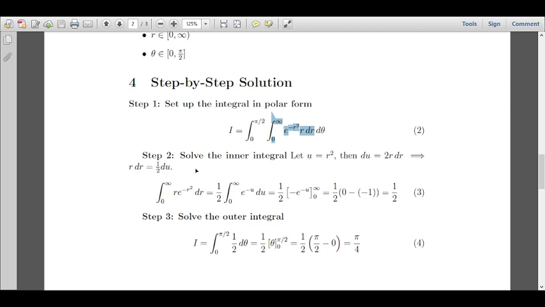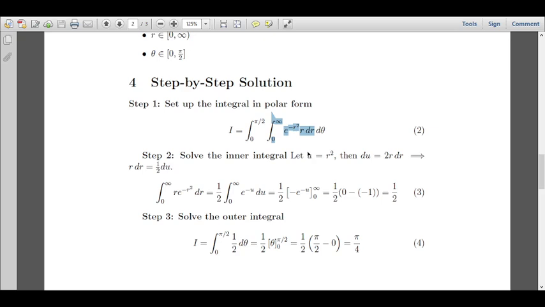Now to convert, since our integrand contains the term root of x square plus y square, it contains x square plus y square, so we must convert into polar coordinates for ease of calculating the problem.